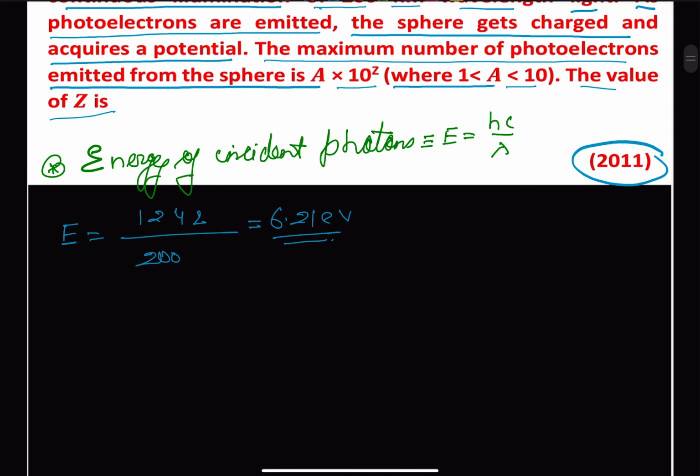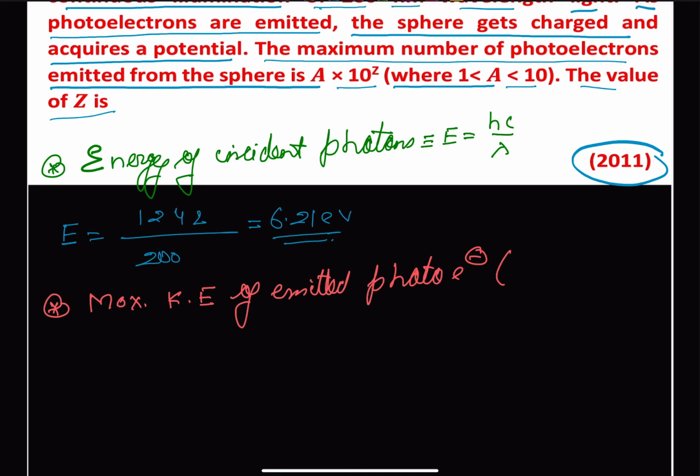So we start with our maximum kinetic energy. Maximum kinetic energy of emitted photoelectrons, and this is initial.